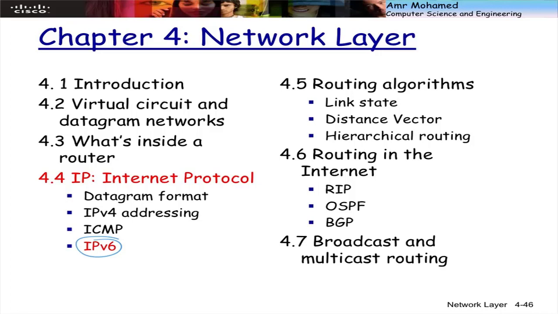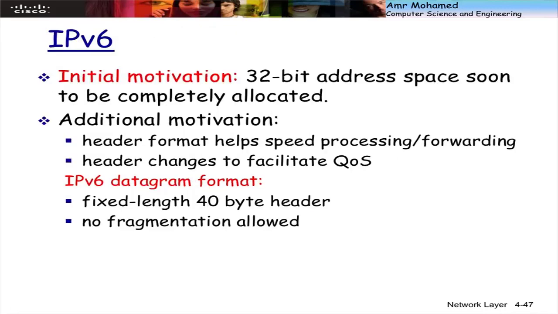What we really need to discuss here is the motivation behind IP version 6, of course, was the address space, right? But this was not the only thing. So since they are going to redesign the IP header, they thought, okay, we might as well redesign it in an efficient way.